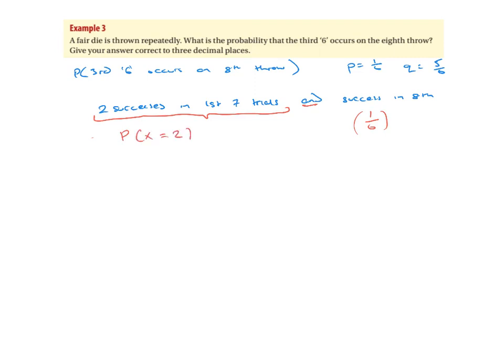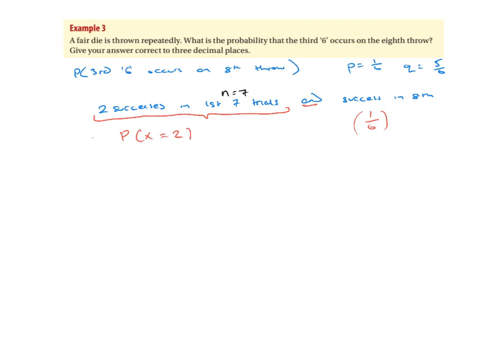So we want 2 successes in the first 7 trials followed by success in the 8th, which will give me the third success. So you can see the third 6, which occurs on the 8th. So the probability of x is equal to 2. And you can see here our n is equal to 7, which is what we're going to be putting through our binomial distribution.